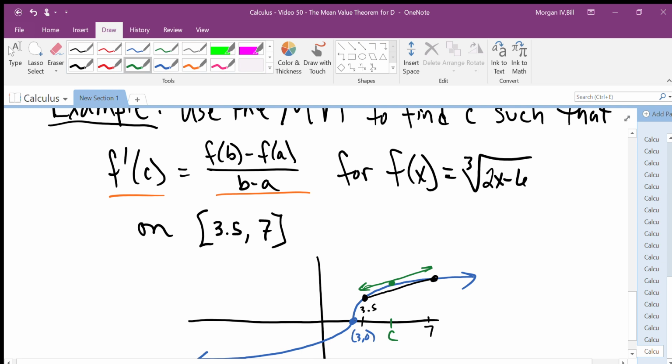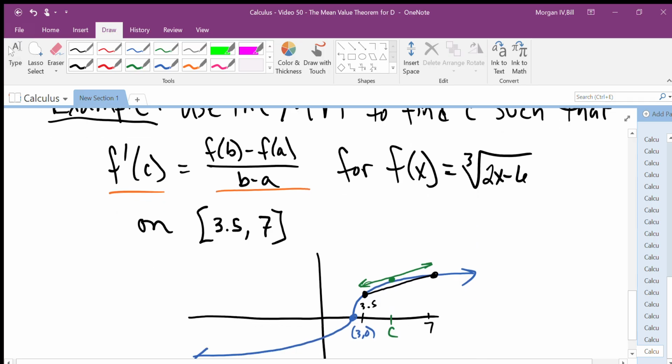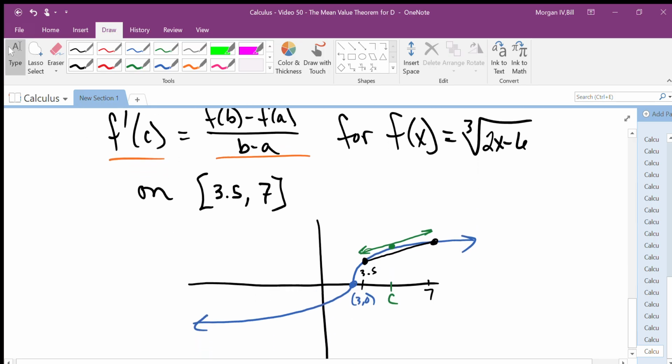So it's not differentiable everywhere. Think about the slope here. There's one point on this curve where the slope is undefined, right at (3, 0). For a cubed root function, you get a vertical slope right there.